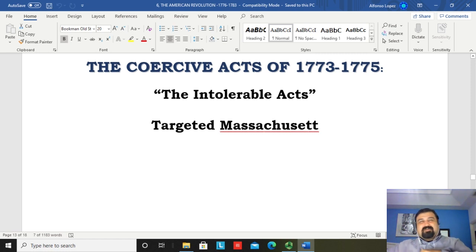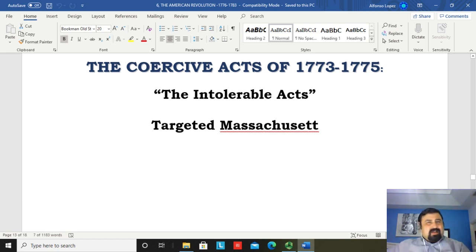In other words, all their clothes were removed, they put tar on their bodies and put feathers on them. It was a very humiliating act, to put them down, to humiliate them, but it was also very painful as well. Okay, it was very painful to be tarred and feathered as well.